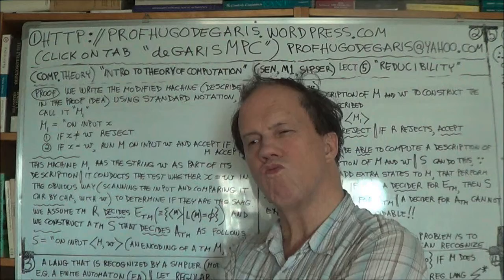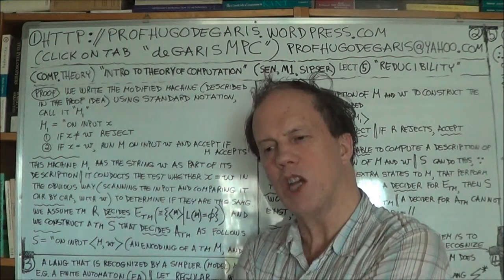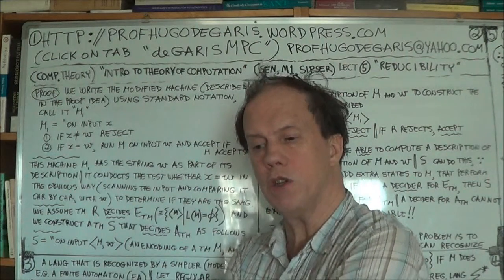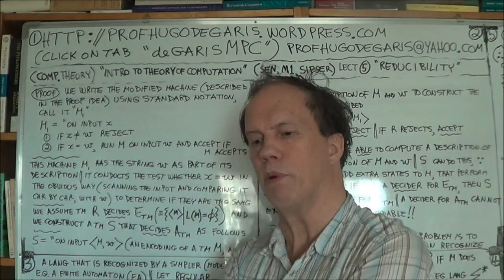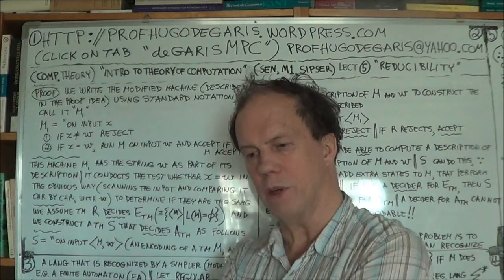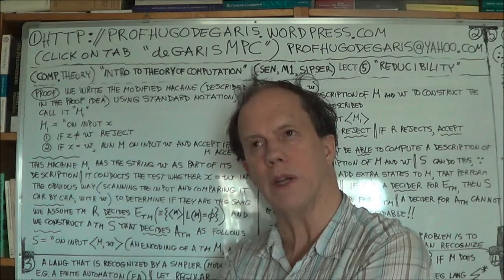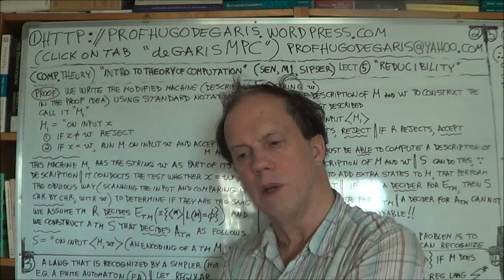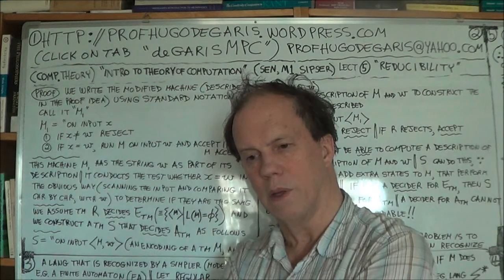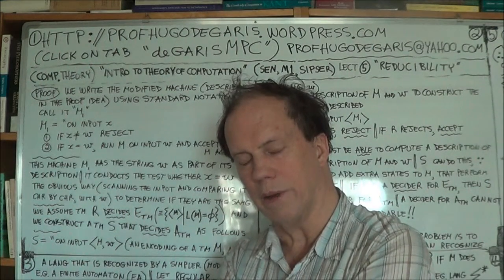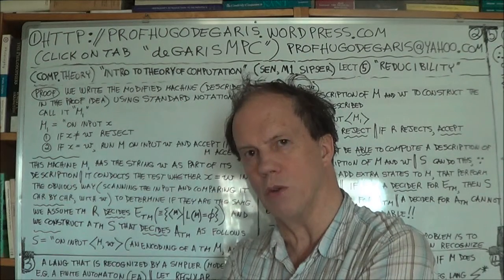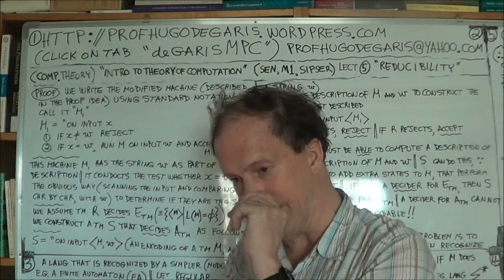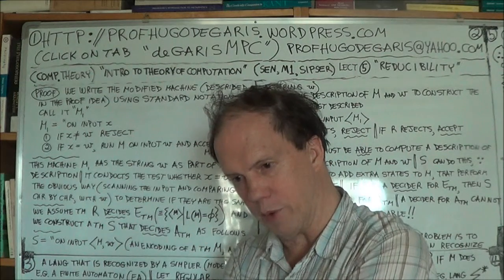The general strategy is, if you can reduce a problem A to a problem B, and you know that problem A, or the corresponding language of A, is undecidable, therefore you can conclude that the problem B, or the language B, that you reduce to is also undecidable. Okay, so that's where we want to go.